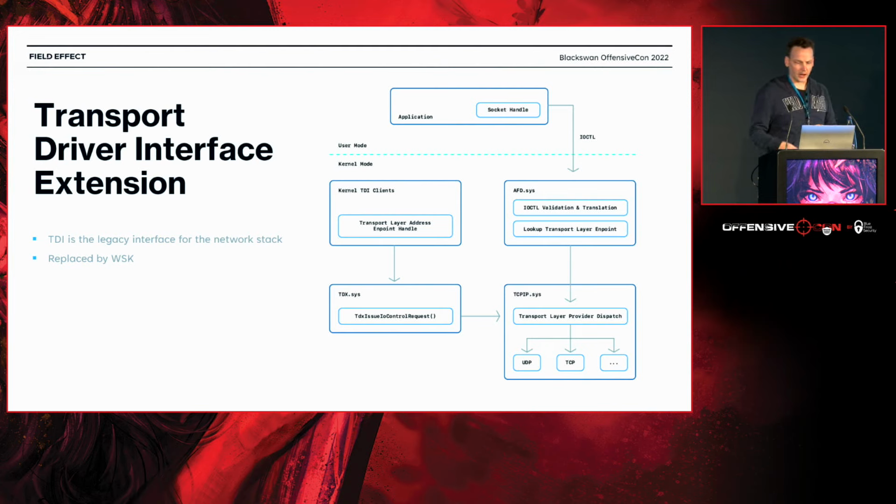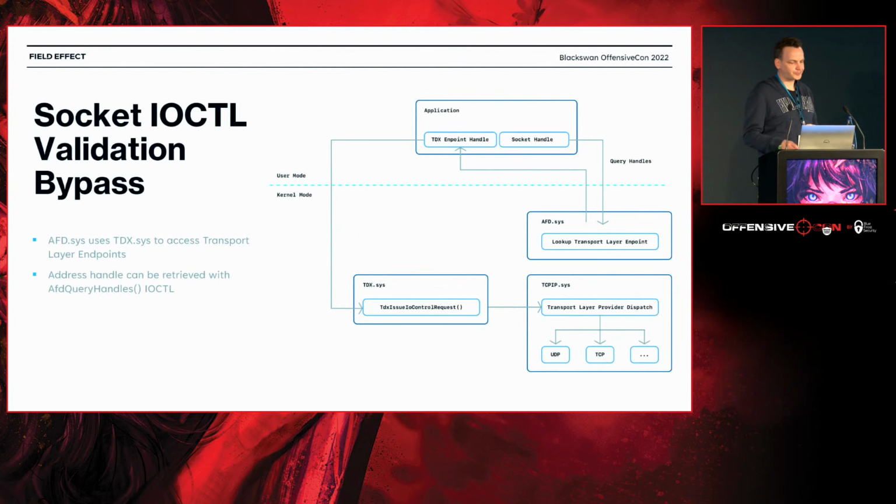And so I began wondering, is there any way for a user mode application to talk to TDX directly? You can open a handle to the device, but you can't open any endpoints on it. That's all blocked from user mode. There are a couple of control ioctls that don't do anything interesting.